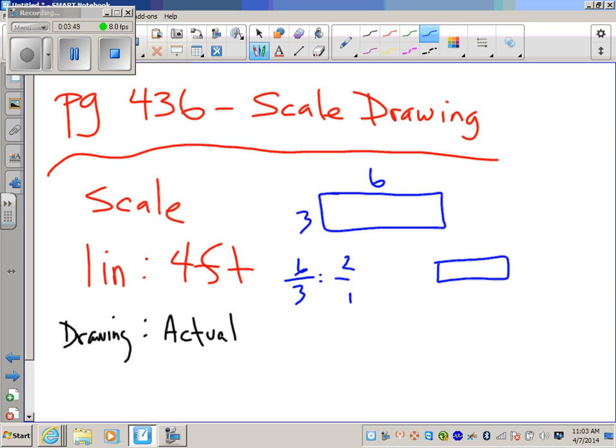Now, in order for this rectangle to be similar, it would need to follow that same ratio. So if I had a long side of 4 and a short side of 2, does that particular rectangle follow the same proportion? Yeah, it does, because it's also 2-to-1.